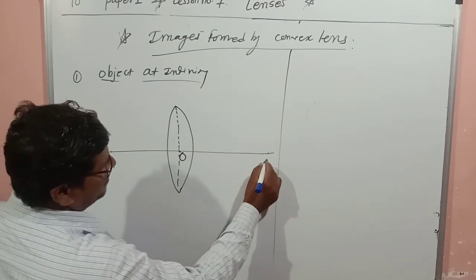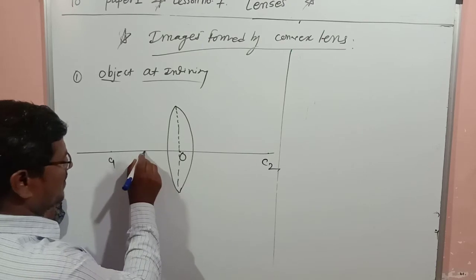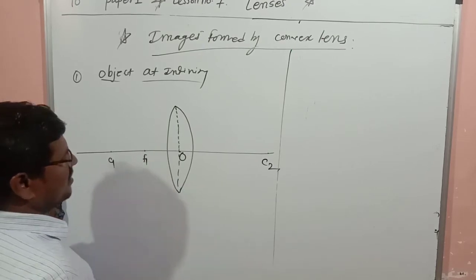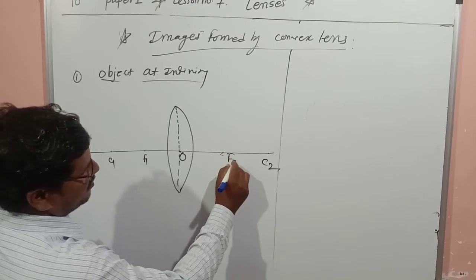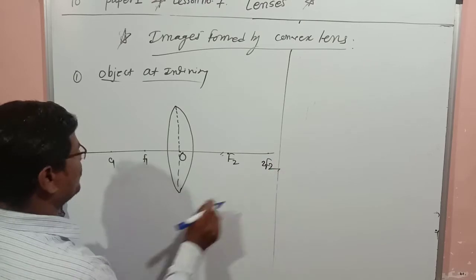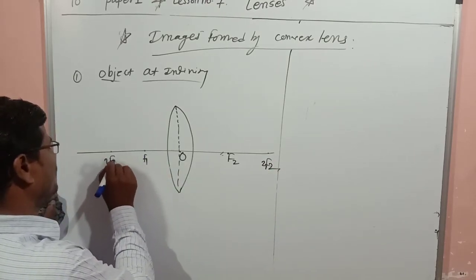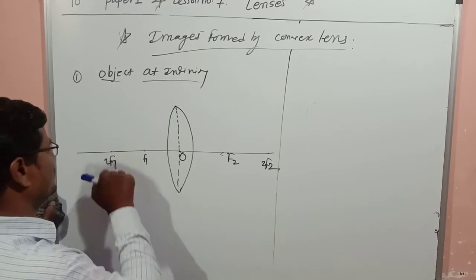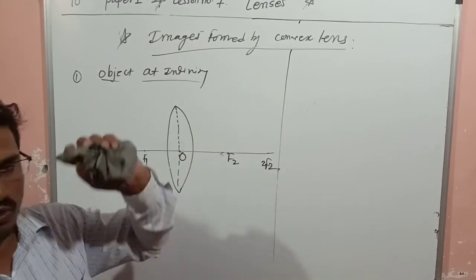Here will be C2, but we know the focus is exactly at the midpoint, F1. Here also it will be F2, and here you can take 2F2. Double distance is there, so you take 2F1 here.